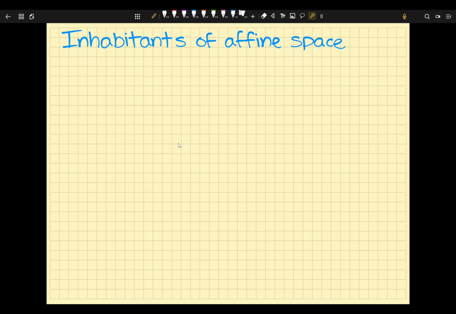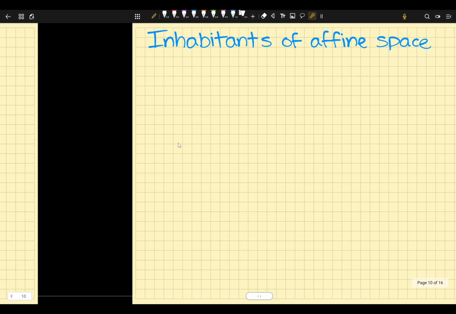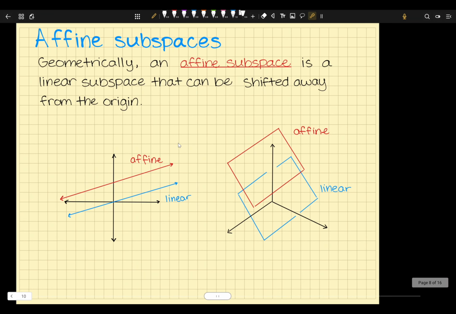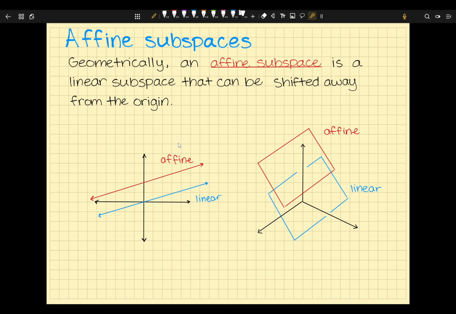This is a good question: can an affine space still go through the origin? Yes, it totally can. Linear subspaces are a subset of affine subspaces. Every linear subspace is an affine subspace, but not every affine subspace is a linear subspace, if that makes sense.